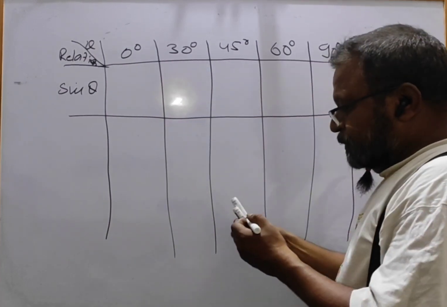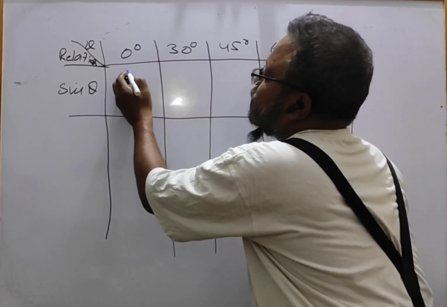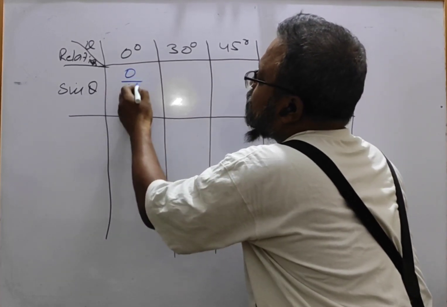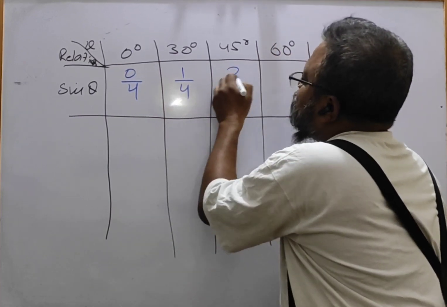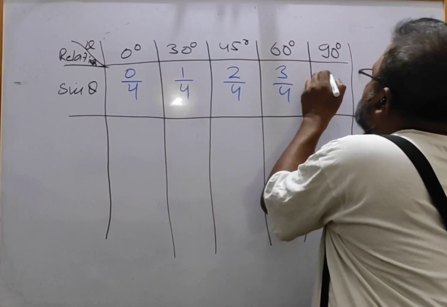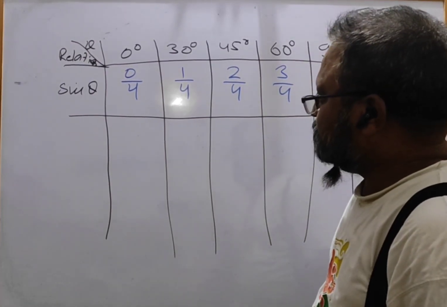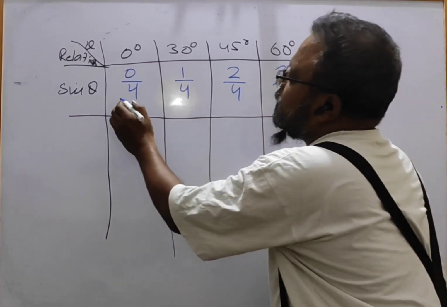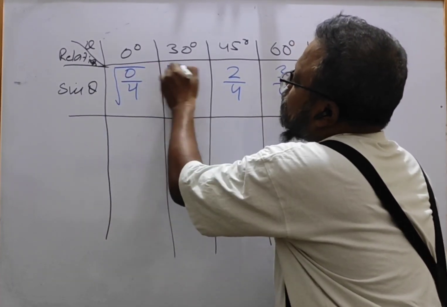Okay. So I will write here 0 upon 4, 1 upon 4, 2 upon 4, 3 upon 4, and 4 upon 4, right? And take the square root of all.